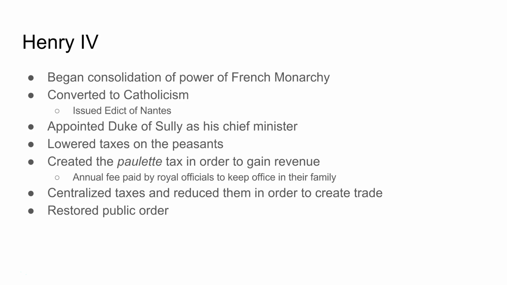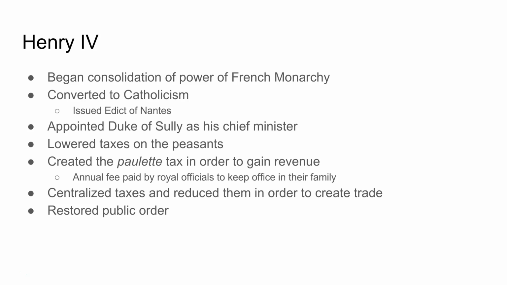So first, we'll start with what Henry IV does. After winning the War of Three Henries, that civil war, Henry IV begins his efforts to consolidate the power of the French monarchy.